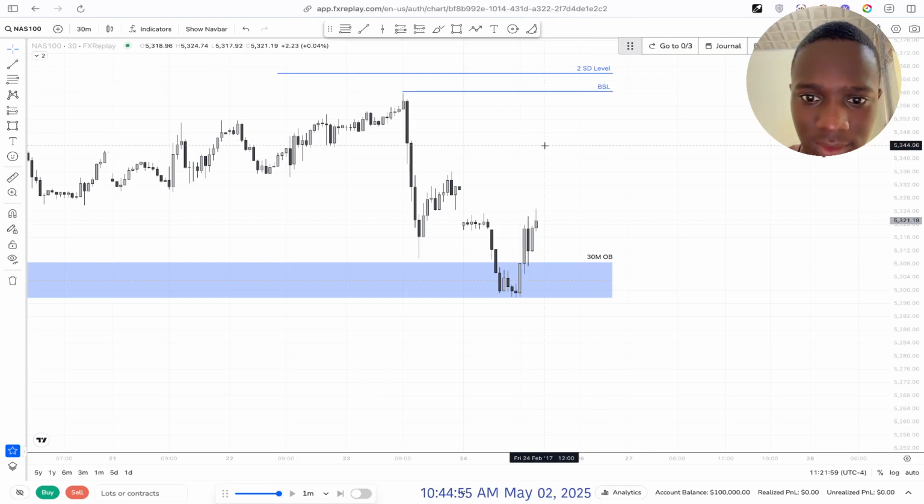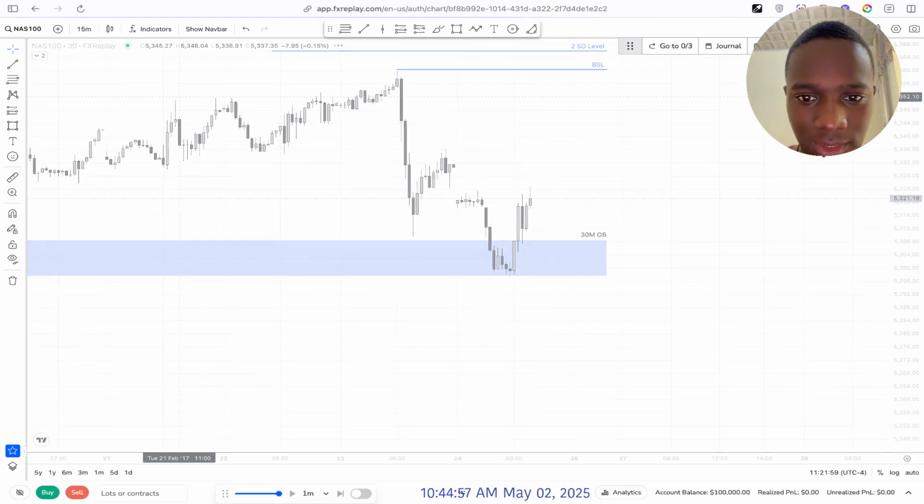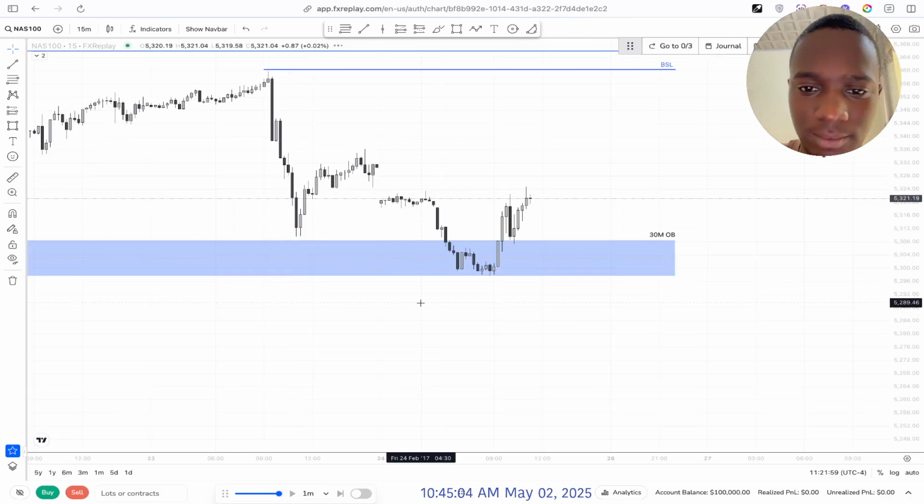And we can also have buy side marked up right here. Great. So when we go to the 15-minute now, I expect to see somewhere to enter from and then push higher.